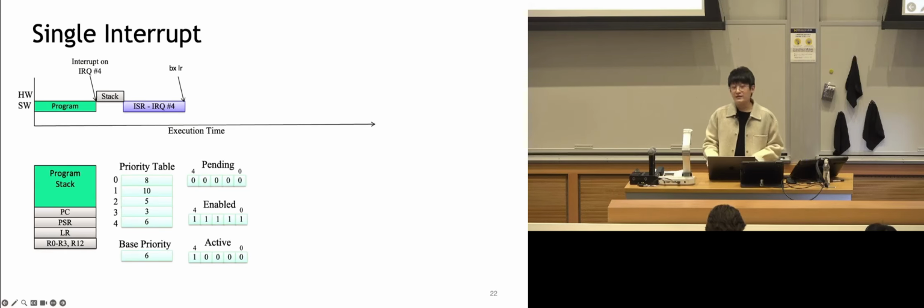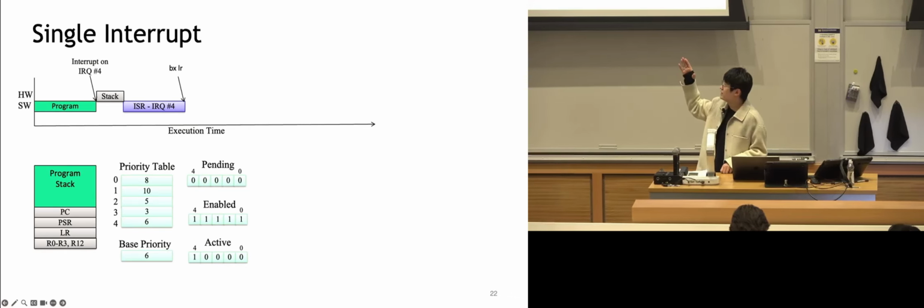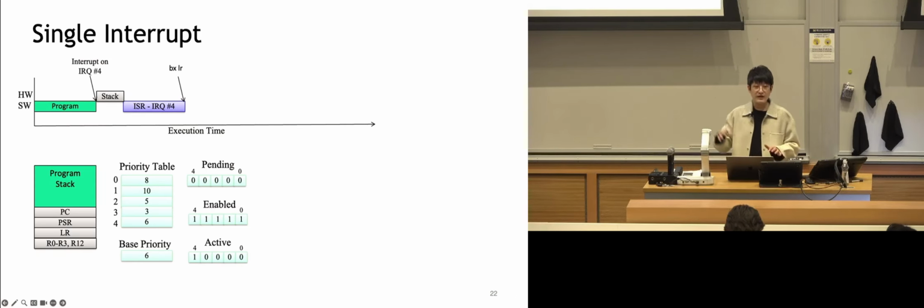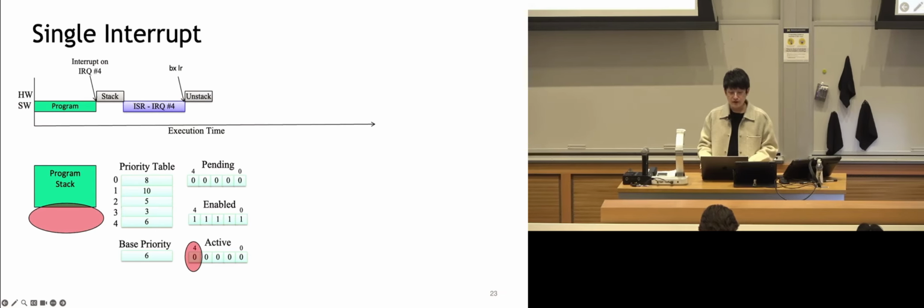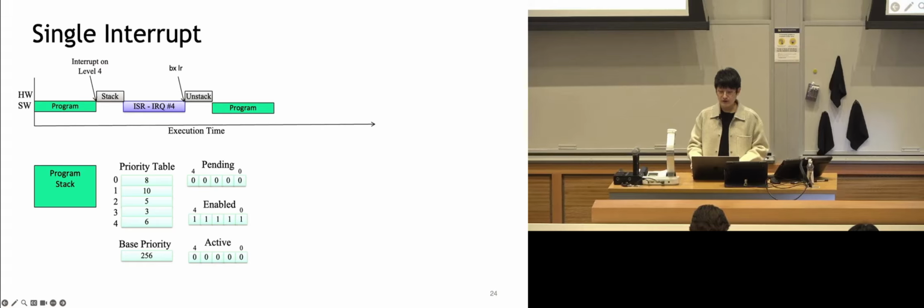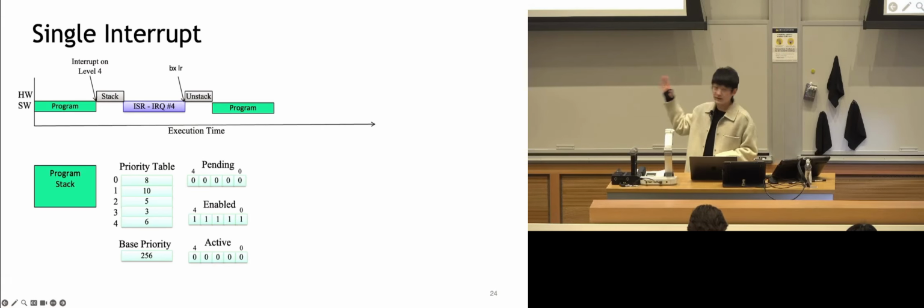And then after the execution of the current handler function, the program will exit the handler function and go back to the main program, which will trigger unstacking. That unstacking happens concurrently with the active bit going down to go back to the main function. So this is the simple case, the most straightforward case with no conflicting or concurrent interrupts.